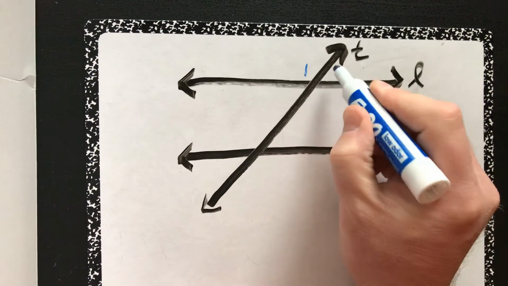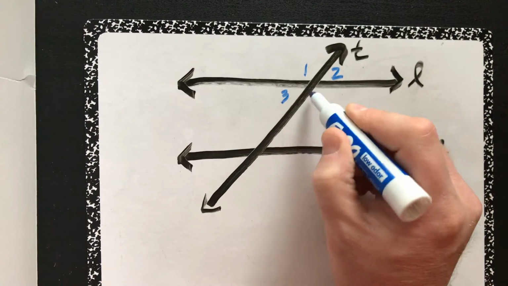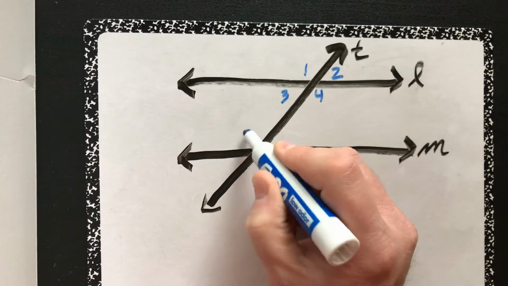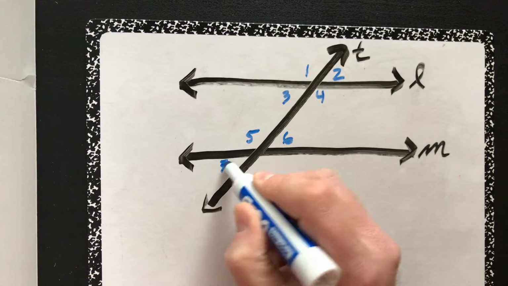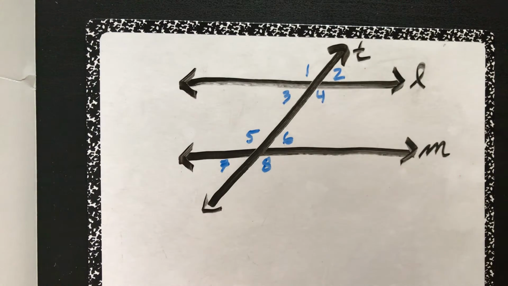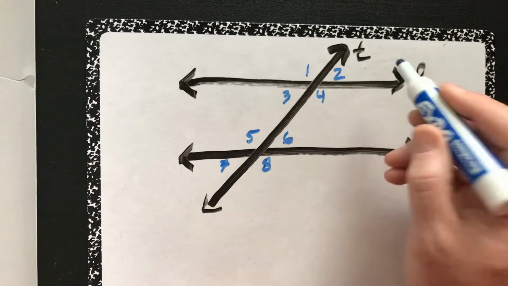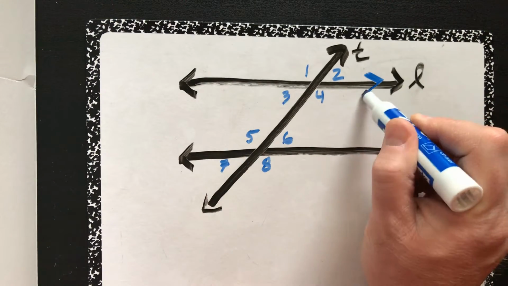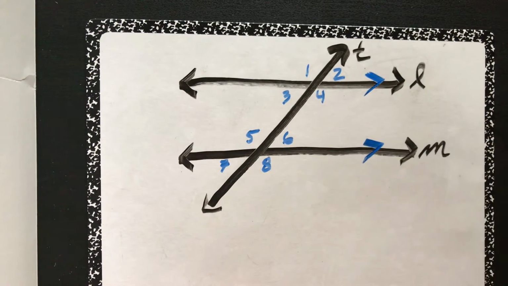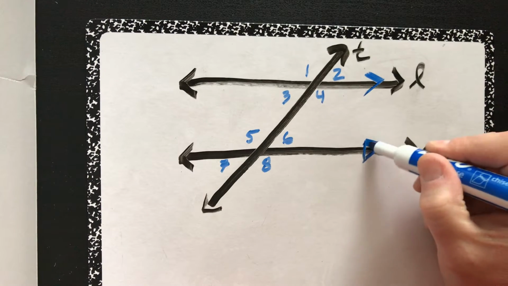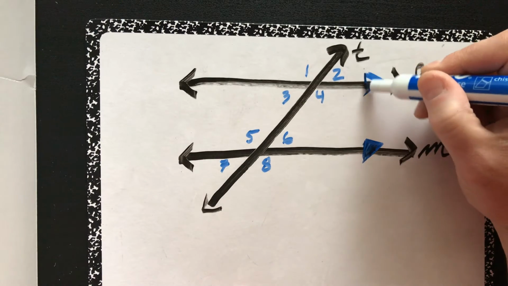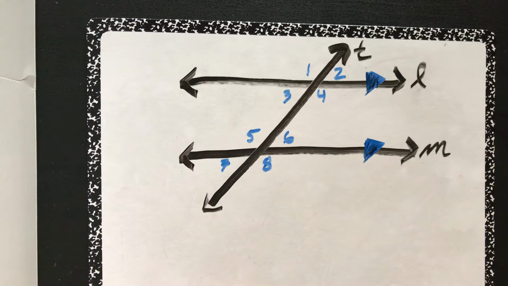So we labeled all the angles 1, 2, 3, 4, 5, 6, 7, 8. And today we're learning, well, what happens if these two lines are parallel? And these little markers where you have arrows, that means that the two lines are parallel.